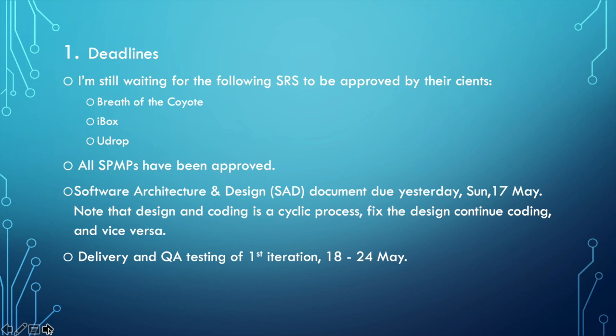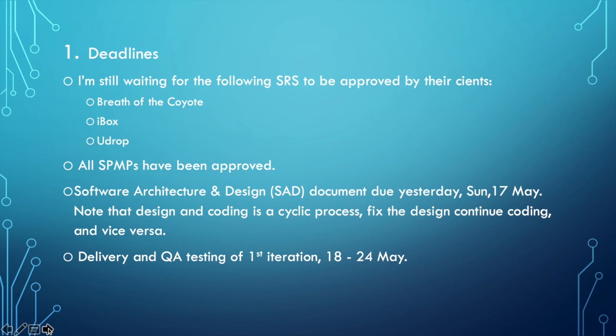You've done well in the planning and the software architecture and design document, which was due yesterday, Sunday, the 17th of May. Note that the design and coding is a cyclic process.